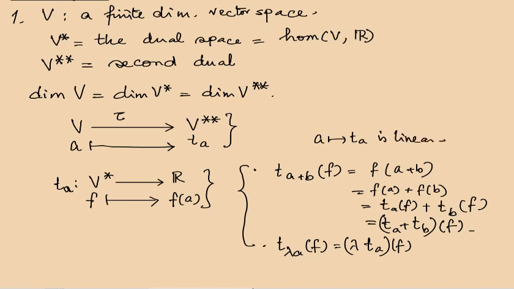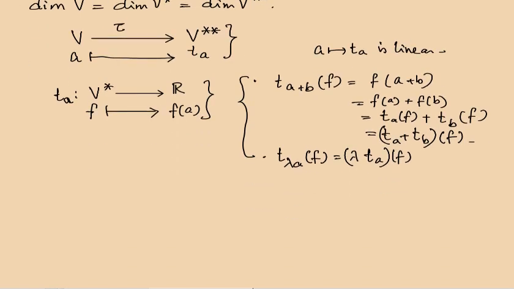Good. Now what's the kernel? Suppose, what's the kernel of tau? a belongs to the kernel of tau if and only if Ta is 0, where 0 means the zero functional.